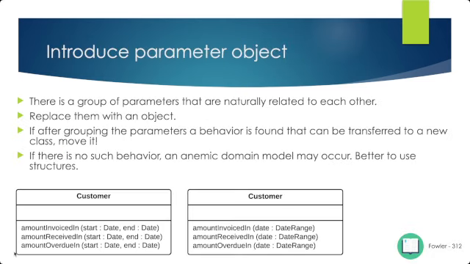If we have some groups of parameters which we can find in several methods of our code, we can replace them with a data class, or for other languages just a class, and move all parameters into this new class. This makes the method easier to read and call. If this new object has some useful behavior, we can move that behavior into the new class.